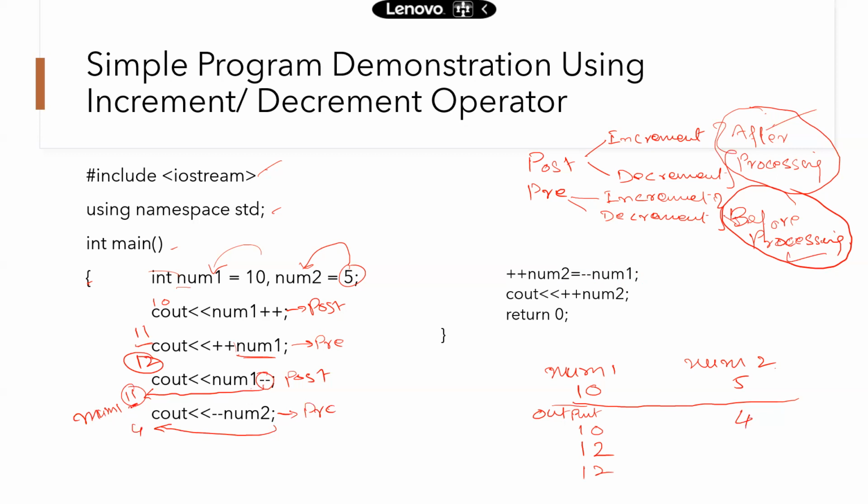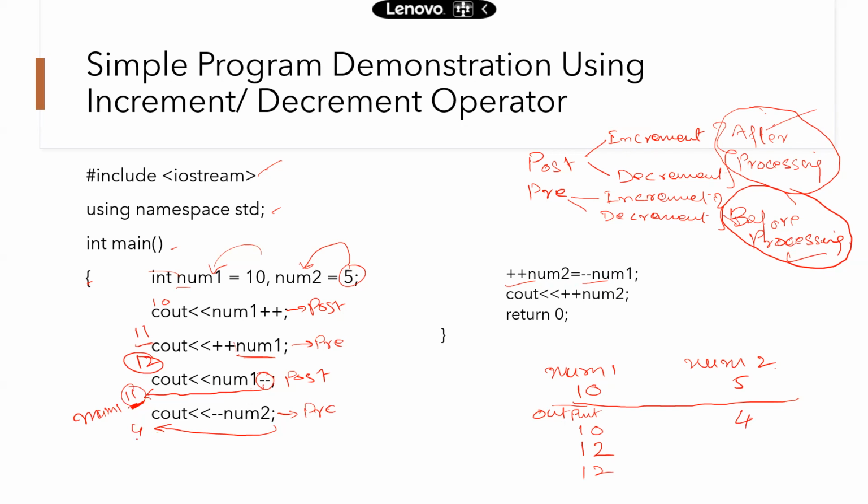Now, 11 over here would be pre-decremented and then assigned to num2, which is pre-incremented. So on this side, it's a pre-increment, and on this side, it's a pre-decrement, right? So num1 is going to get a pre-decrement, and num2 is going to get a pre-increment.